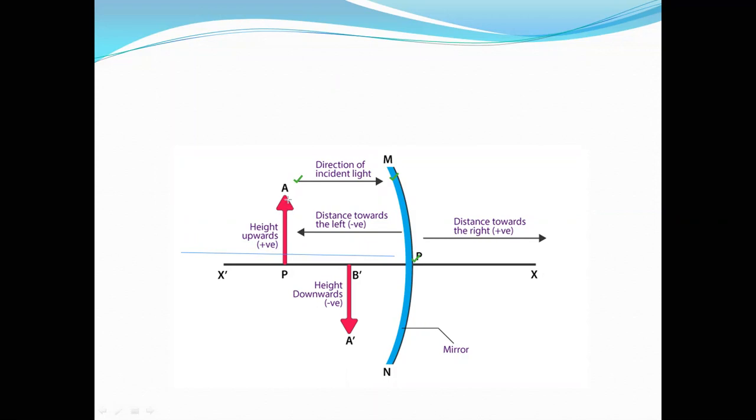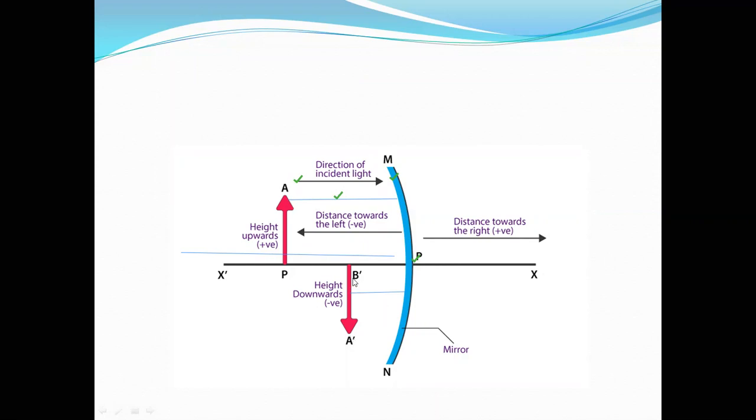From here to here is considered the object distance, u. A dash B dash is the image, and its distance is the image distance, v. So from P, if we measure this object distance opposite to the direction of incident light, u is taken as negative.